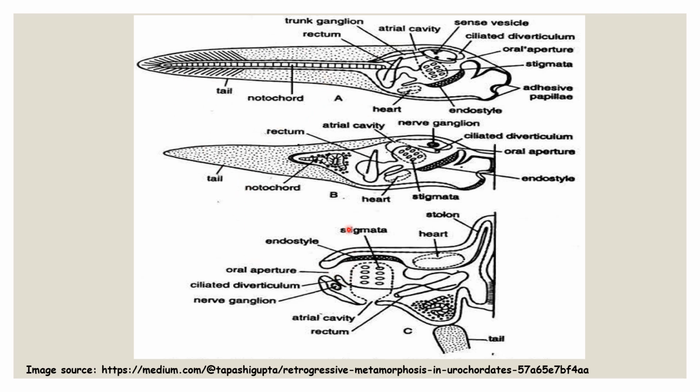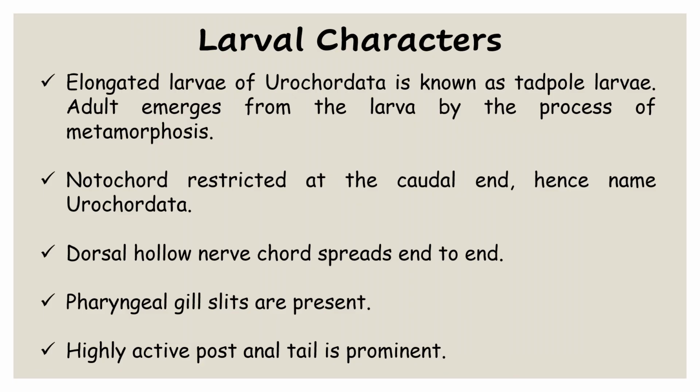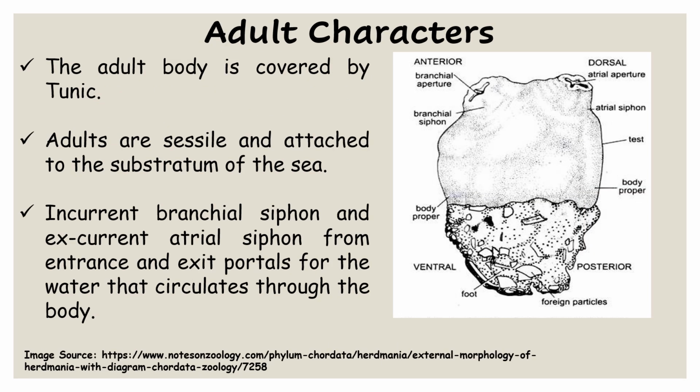So this is what is known as retrogressive metamorphosis. The larval characteristics, as we already discussed: the notochord is restricted to the caudal end, and the dorsal hollow nerve cord is present from one end to the other. Pharyngeal gill slits are present, and a post-anal tail is also present.